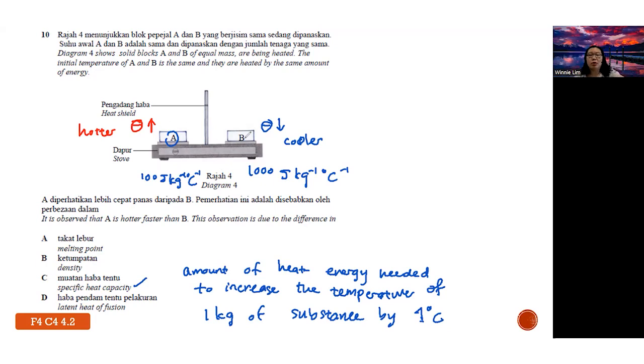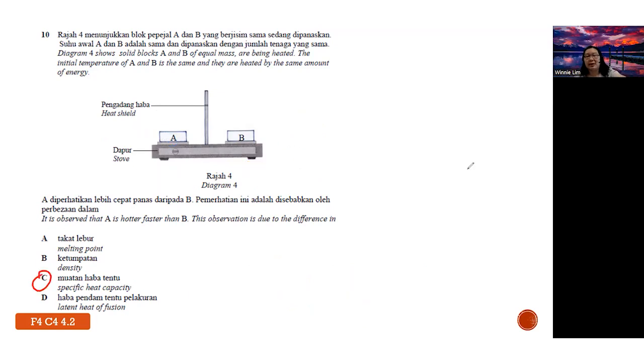Object A absorbs 100 joule, it can already increase 1 degree Celsius. But object B has to absorb 1000 joule, then only it can increase 1 degree Celsius. So this is the meaning. That's why it's also showing that A has a smaller specific heat capacity. So your answer is C.